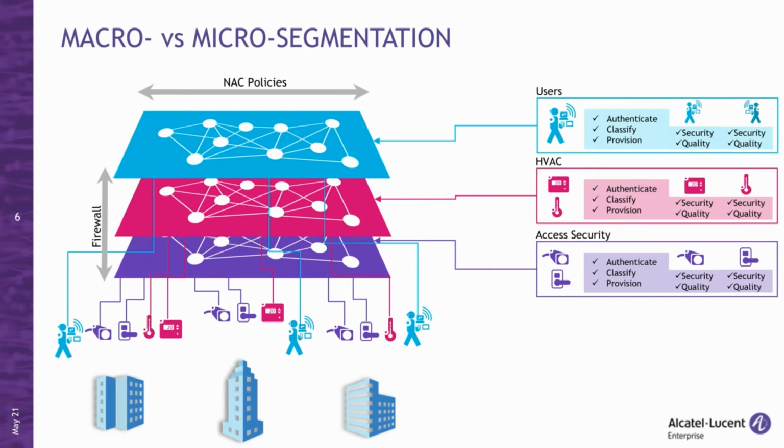Let's start with macro-segmentation. The problem with this approach is that the firewall becomes a bottleneck. All VLANs have to be terminated at the firewall and we have performance issues. Or we start deploying more firewalls at the distribution layer. This is quite costly and still not so good from a performance point of view because firewalls are not wire rate.